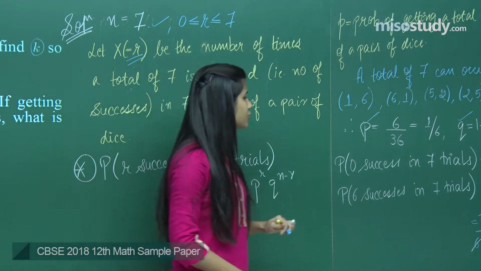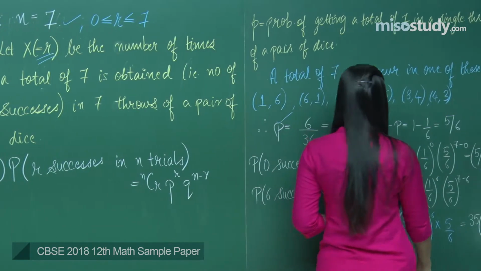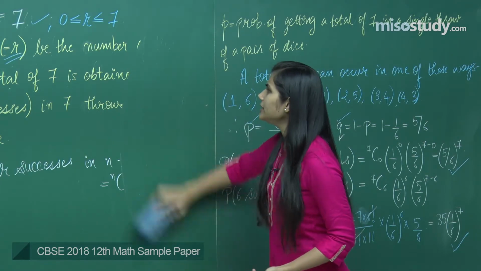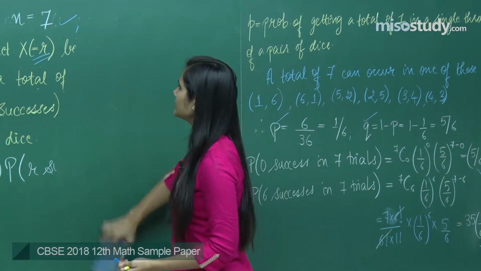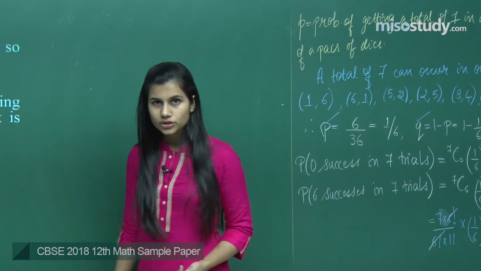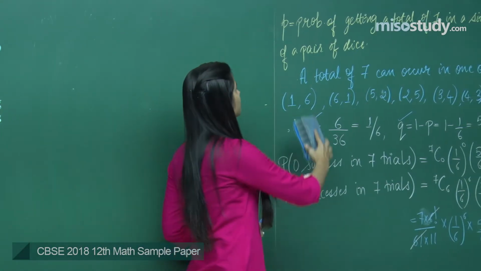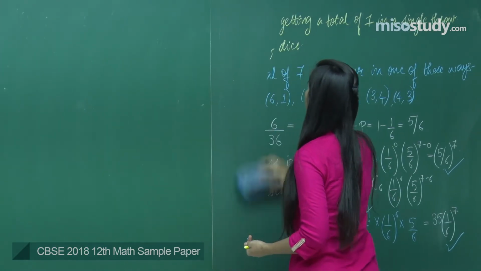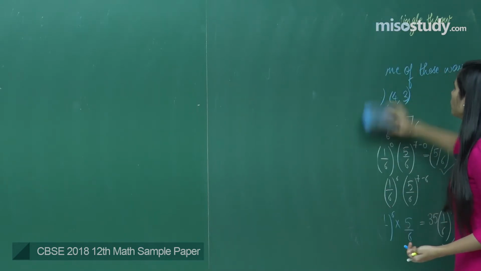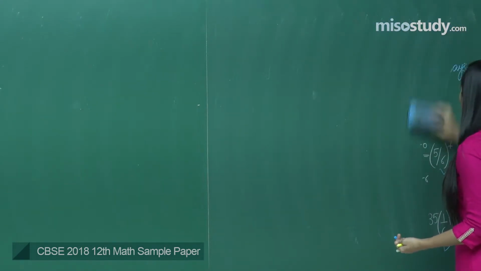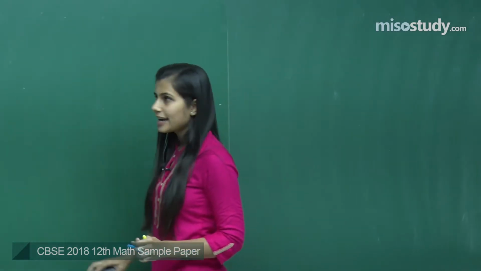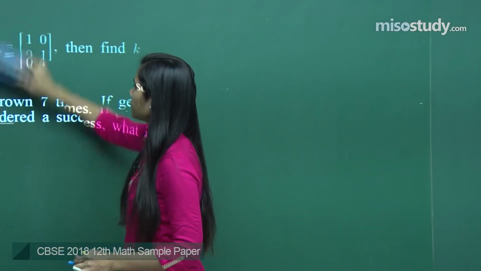Because binomial distribution directly gives me the formula of r successes in n trials. The moment I have the formula of r successes in n trials, that is what is being asked in the question. So I can use my binomial distribution technique to get the answer, and that's what I did. The only thing was to find out small p and small q, which if you find out correctly, this question is actually a cakewalk for you.